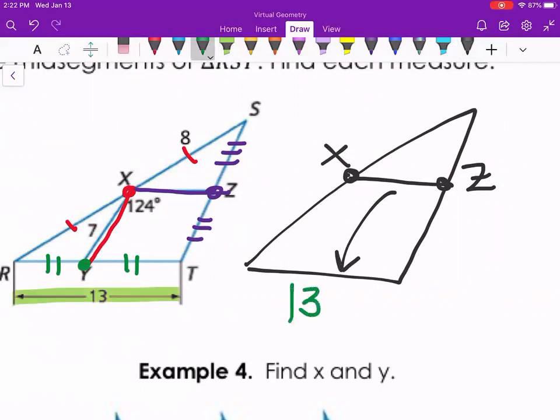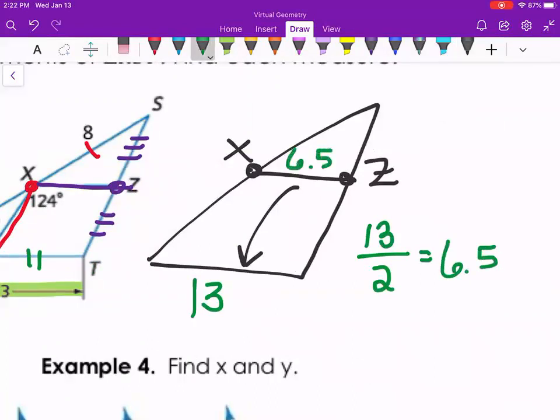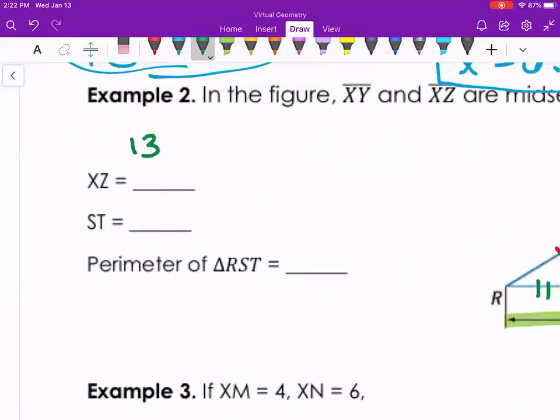So I should be able to cut that 13 in half. So 13 divided by 2 is 6.5. Or 13 over 2 does not reduce. You could leave it as that. And for this one, I'm going to leave it as 13 over 2. We're going to leave some things as fractions here for this one.